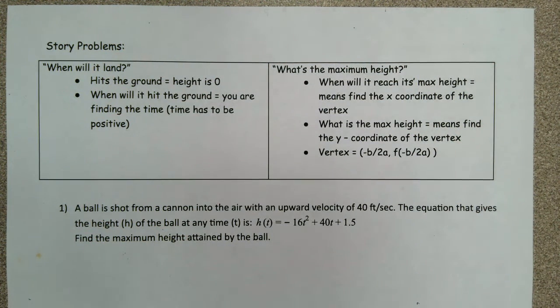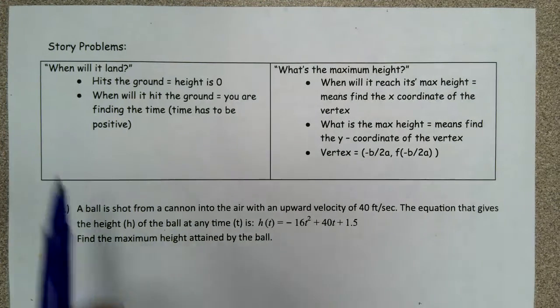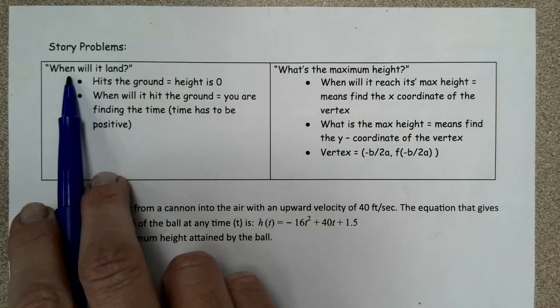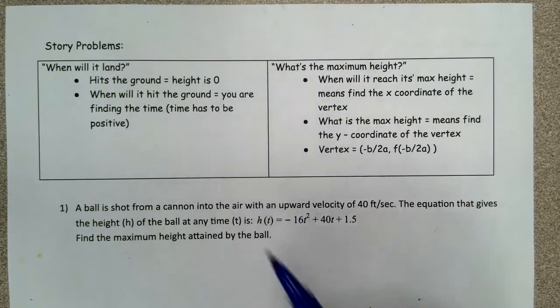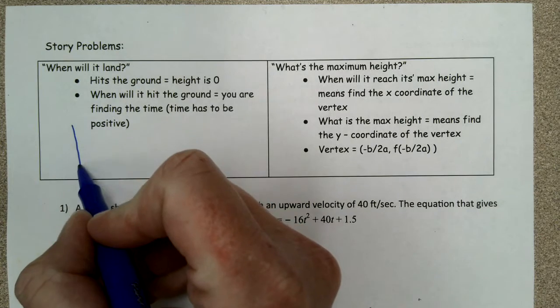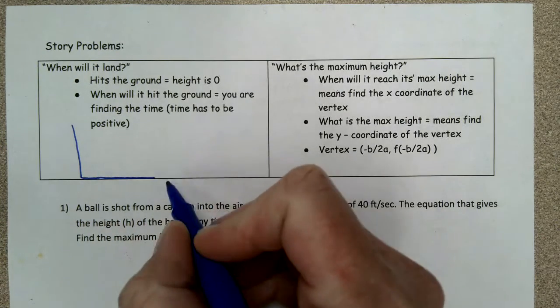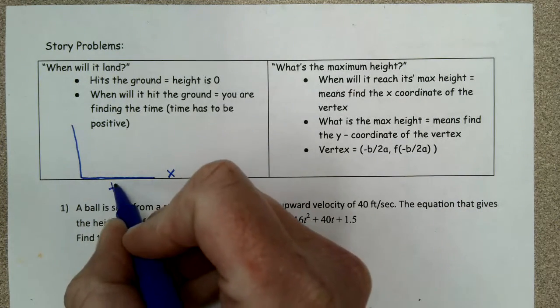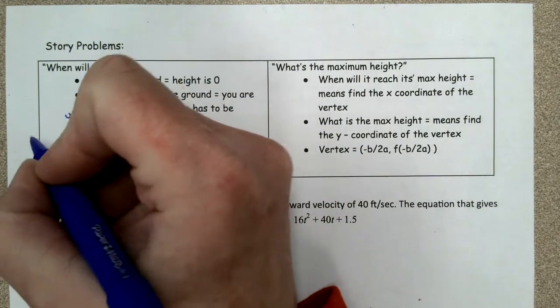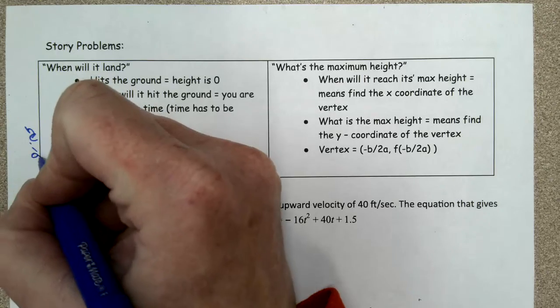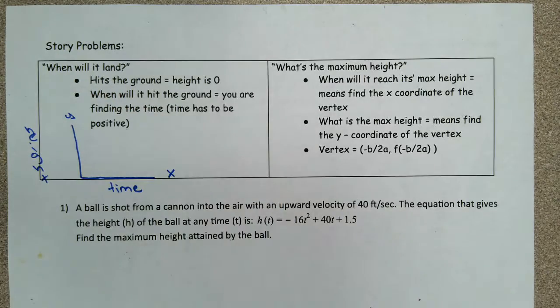Hey, Algebra 2. Today we're going to work on some story problems involving quadratics. The two main things are when will it land or what is its maximum height? So last week we talked and the x-axis is the time and the y-axis is going to be your height.